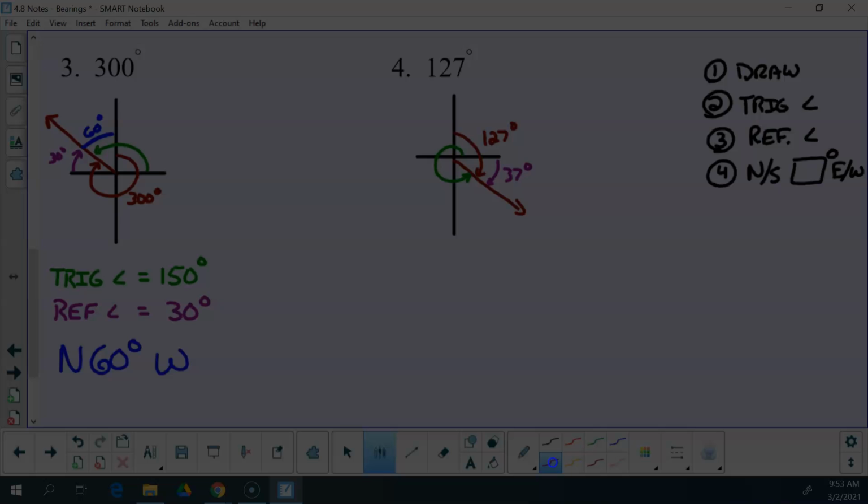Because 127 minus 90 is 37. So 360 minus 37 would be 323.